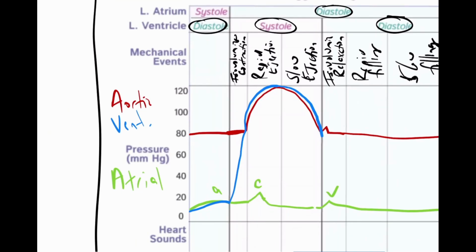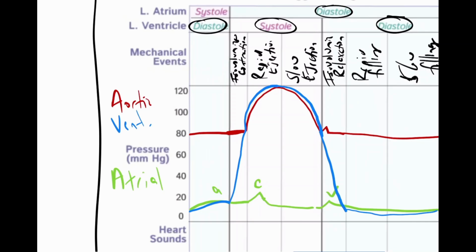The pressure in the ventricle has to relax to drop below atrial pressure so the mitral valve can now open and the ventricle can now fill. So this blue line is going to come all the way down until it gets just below the atrial pressure. Now we're lower and we're going to work our way up, eventually cycling back over to the front.